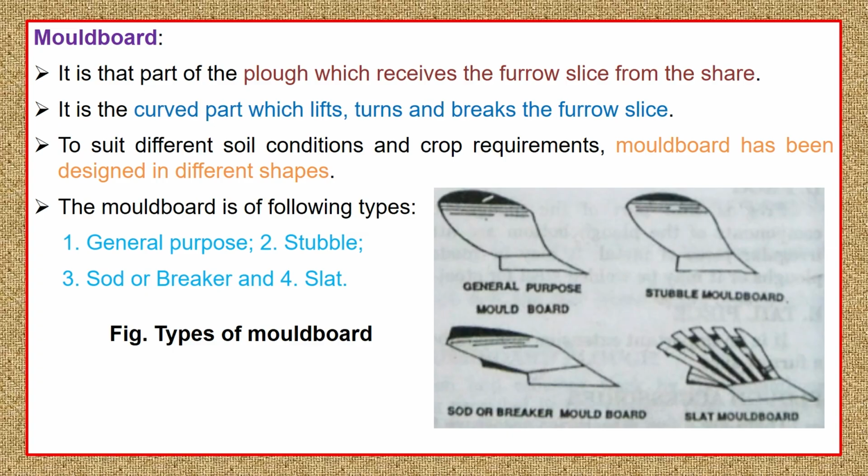That's why this type of shear is called bar point shear. That bar will serve as a landside, and at the same time the forward point of that bar will act like a shear point. Bar point shear is quite common in tractor drawn mold board plough, whereas slip shear is quite common in animal drawn MB plough.